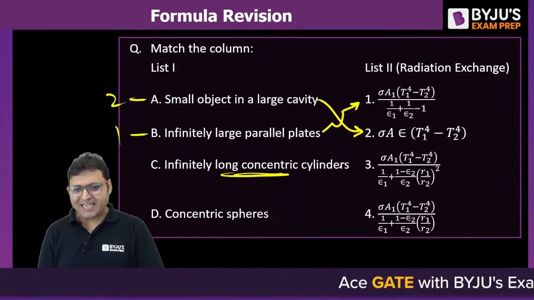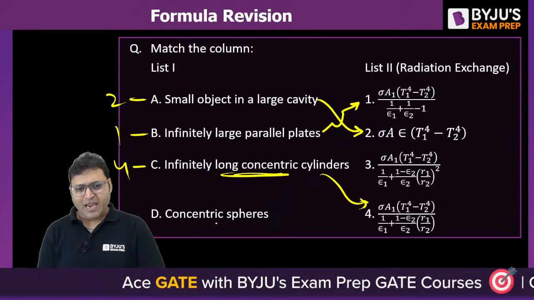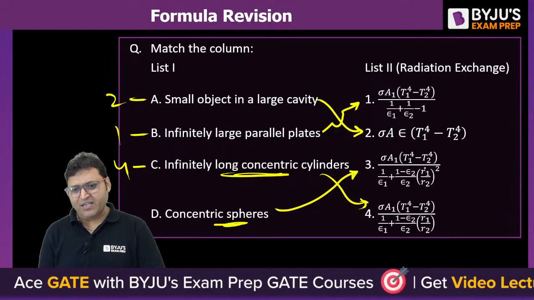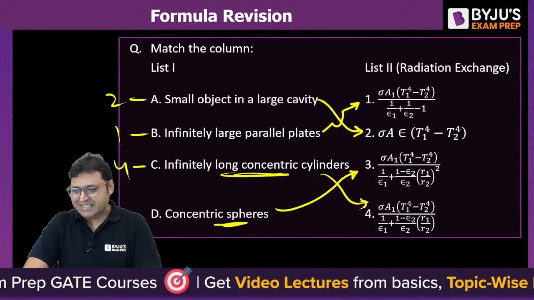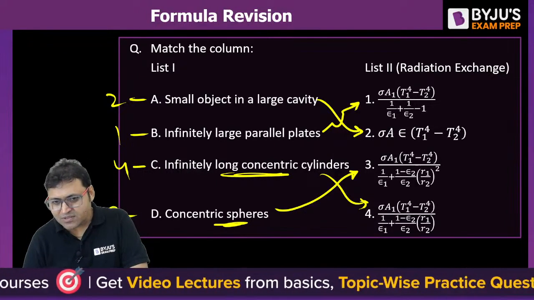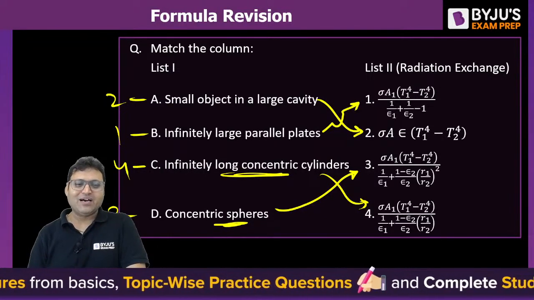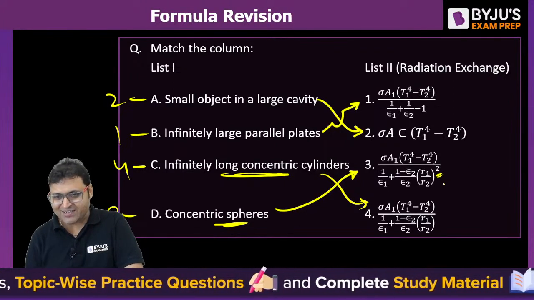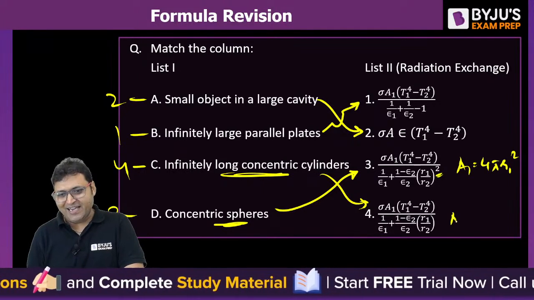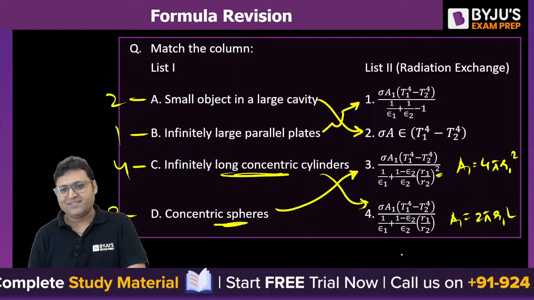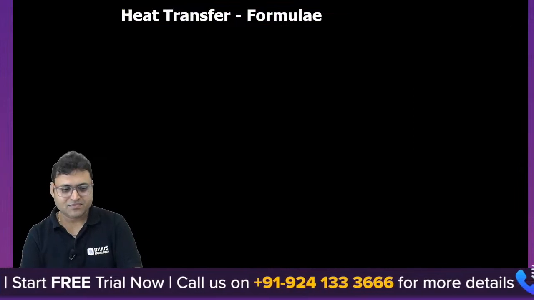Infinitely long concentric cylinders, it will be R1 by R2, this is C4, and concentric spheres, it will be R1 square by R2 square. So 2143, yes, A2? No, it will not be C3D4, it will be C4D3, isn't it? There is a square. Here A1 will be equal to 4 pi R1 square. Here A1 is equal to 2 pi R1 L. That is the difference. So 2143 will be the answer, isn't it?